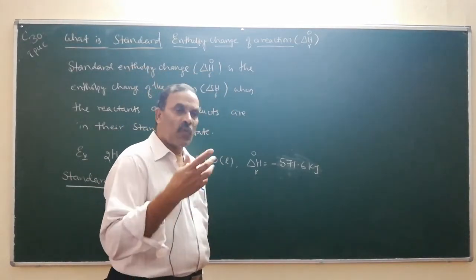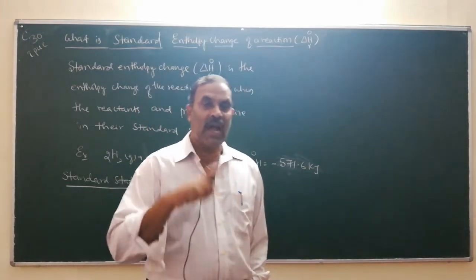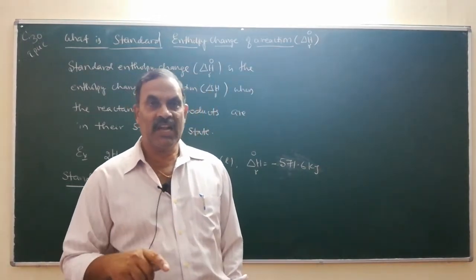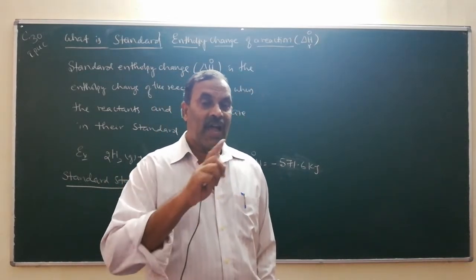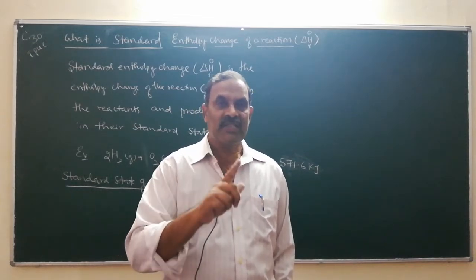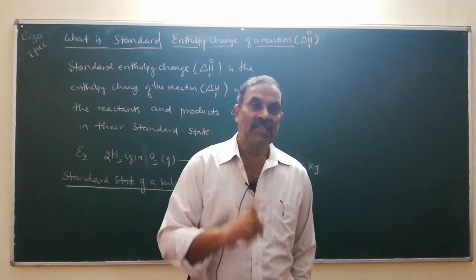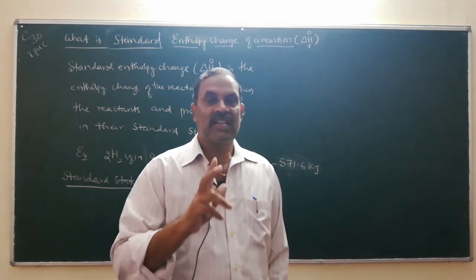For example, what is the standard state of water at 1 bar pressure and 298 Kelvin temperature? At this condition of temperature and pressure, water is present in the liquid state. Therefore, liquid state is the standard state of water.